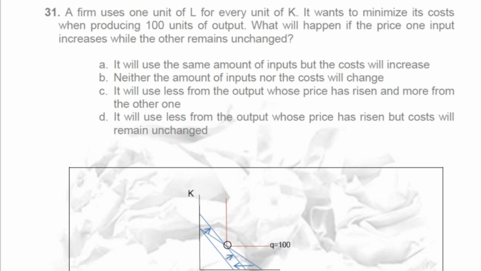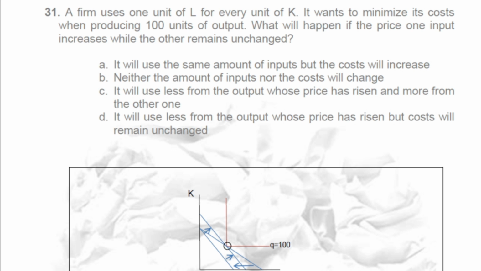So the price of good X, for example, increases, then we have a turn of that isocost line until here. Now this isocost line doesn't touch the isoquant. So I may go to the right, but the first touching point will continue being the same.